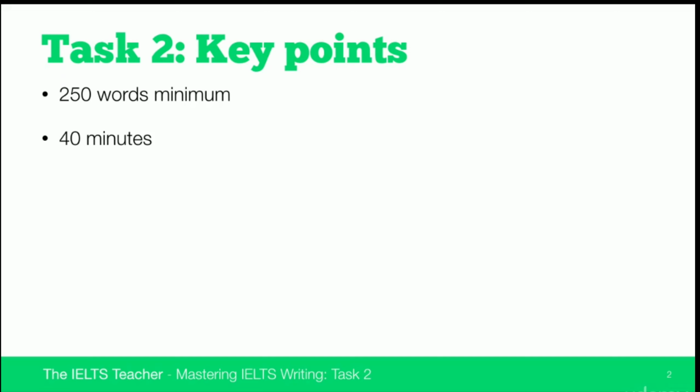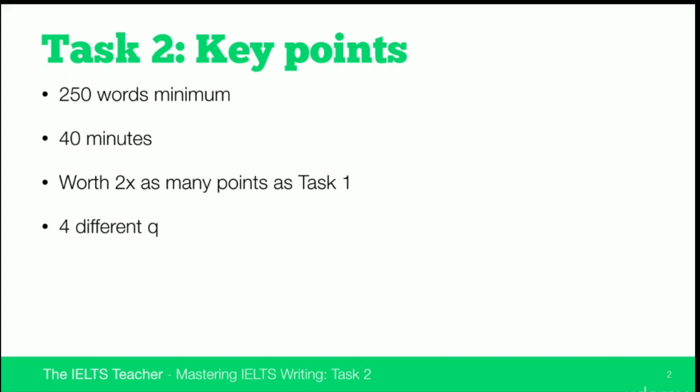That's why it can be a good idea to get as close to 250 words as possible without going under that word count. Task 2 is worth twice as many points as task 1, so it's much more important that you focus your effort and attention on task 2. This is why they say you should work for 40 minutes on task 2 and 20 minutes on task 1 to make up the full hour.